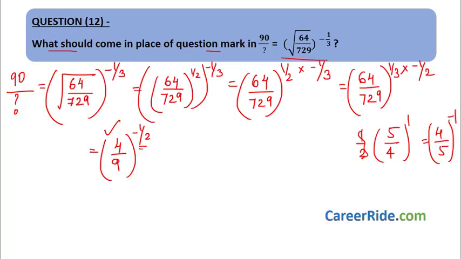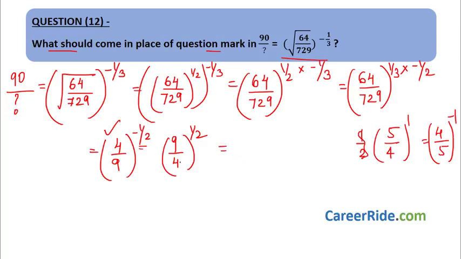If you have 4 upon 5 raised to minus 1, then if you flip it, 5 upon 4, minus 1 would become 1. Same way over here, if you have 4 upon 9 raised to minus 1 by 2, if you flip it, what you get, 9 upon 4 raised to 1 by 2. The minus sign simply becomes positive.